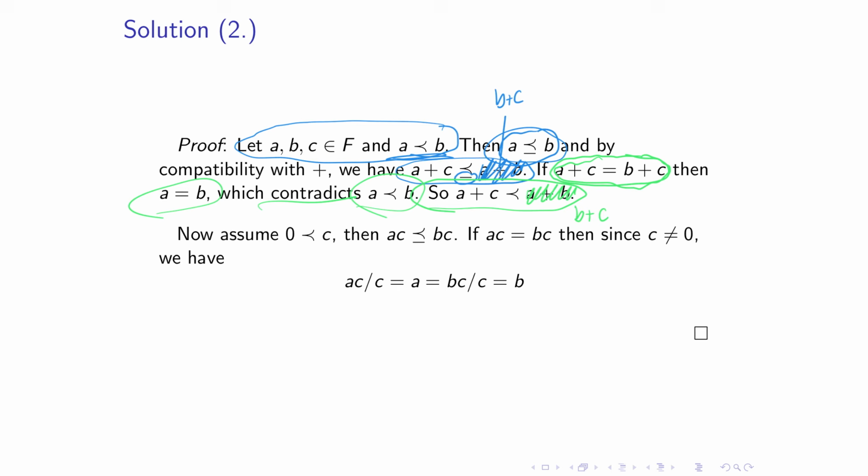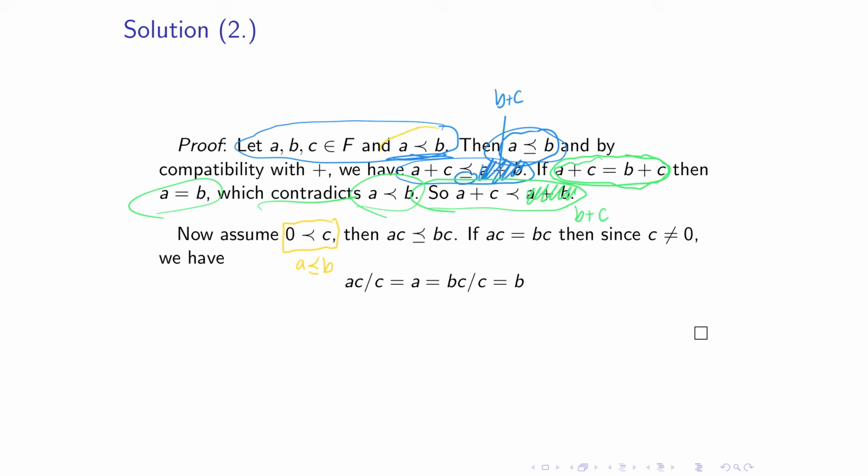Now let's prove compatibility with multiplication. So with A and B as before, but this time we will further assume that C is strictly positive. Well, I'm doing several steps very quickly all at once, but we already know that A precedes B, because we're still assuming that.